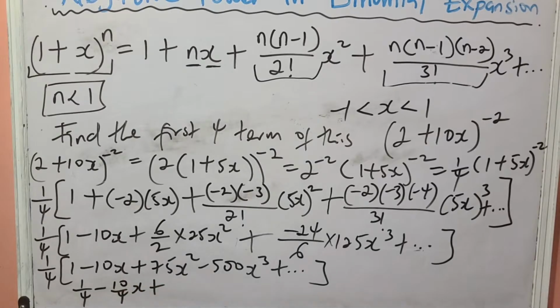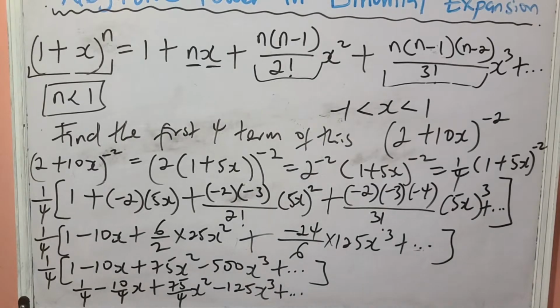Then 75 divided by 4, x squared. I'm sure you agree with that. What is 500 divided by 4? 125, right? That will be minus 125x cubed.